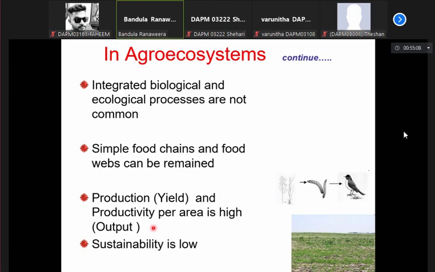The only thing is, from the agroecosystem we take out the product, but in the natural ecosystem the product is not taken out and consumed by human beings. So, with all those reasons, we can say that the sustainability is lower in the agroecosystem.